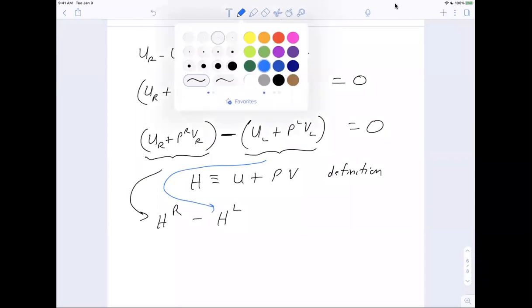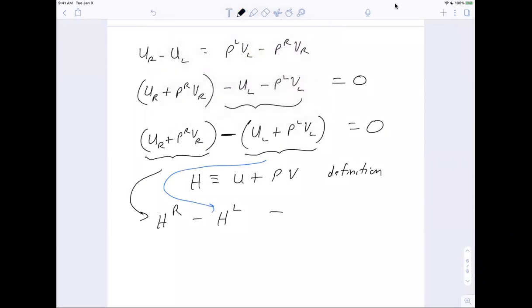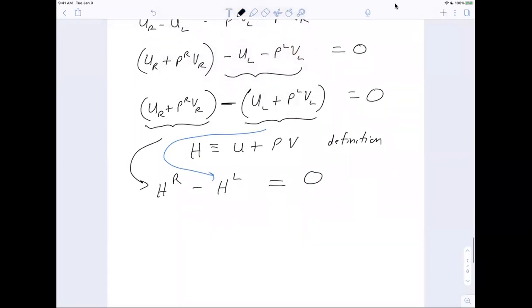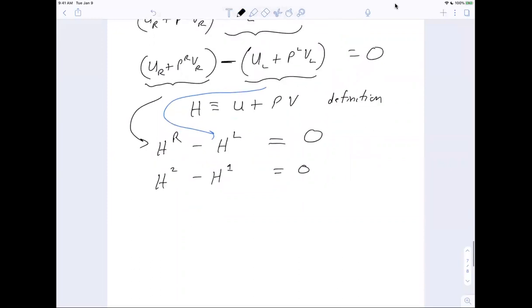But those two equal 0. And we said anything with the right is equilibrium state 2. Anything with the left is equilibrium state 1. That's equal to 0. H2 minus H1 is just delta H. That's the integrated form here, and that's 0.